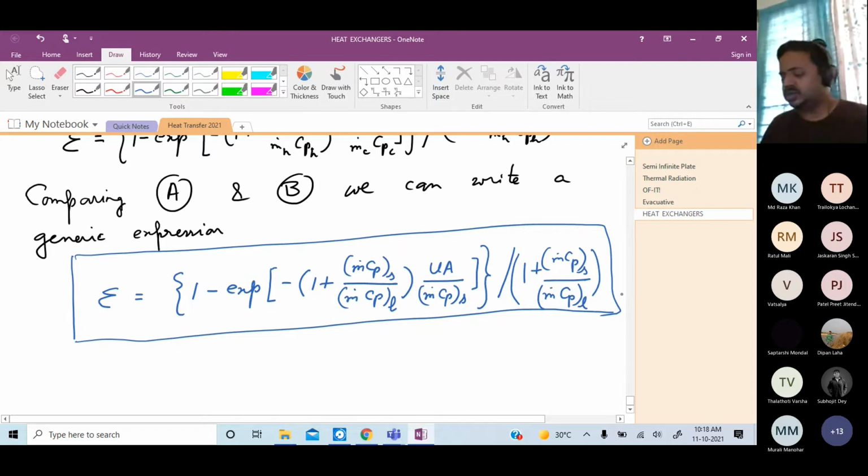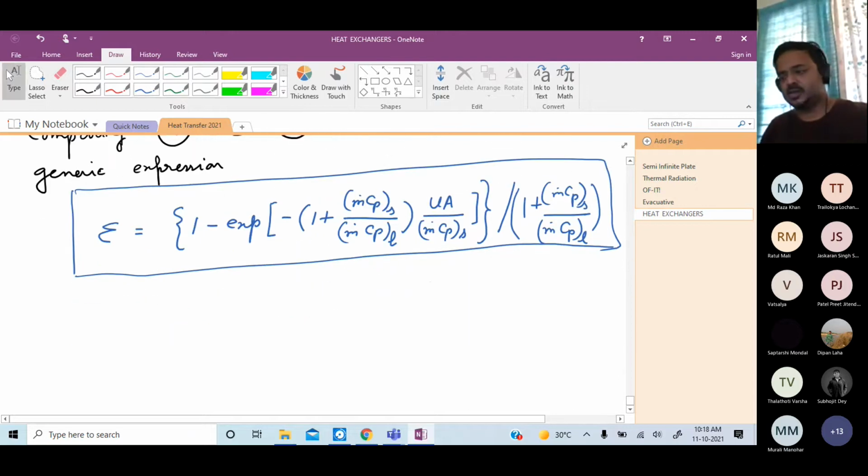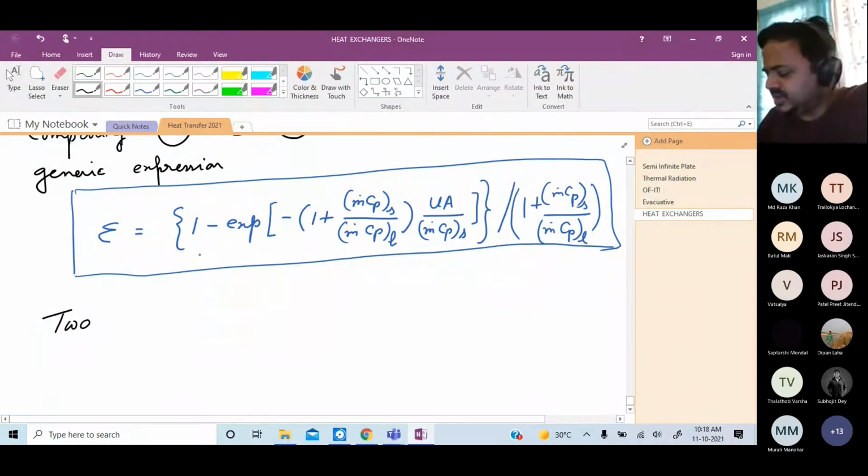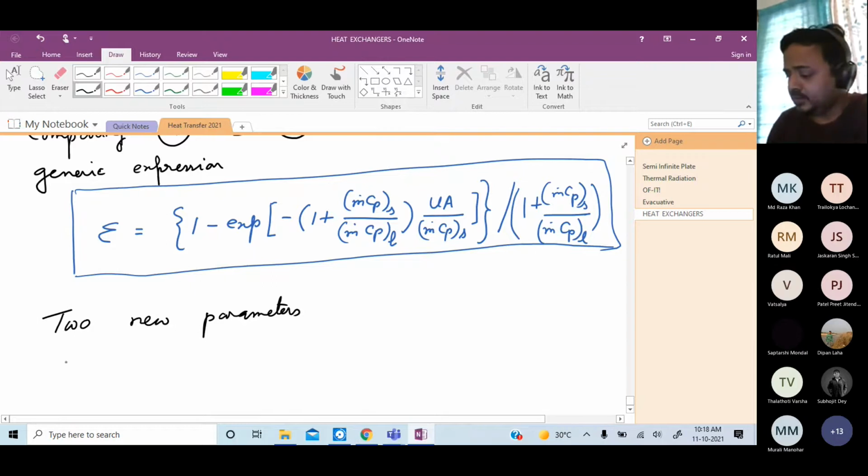But what I'm trying to show is, look at this expression now. After looking at this, you can see that there are two new parameters, and both happen to be non-dimensional.